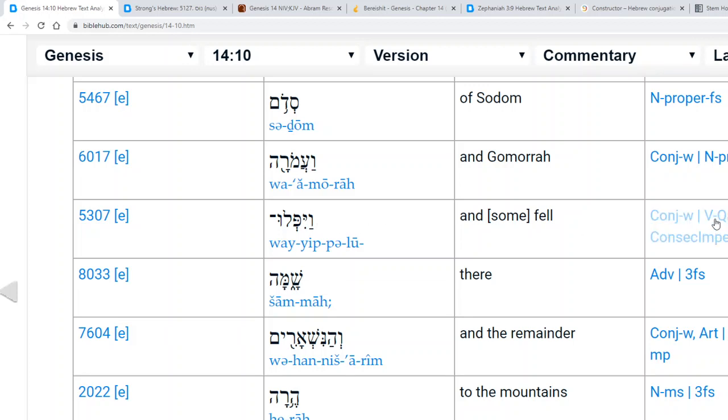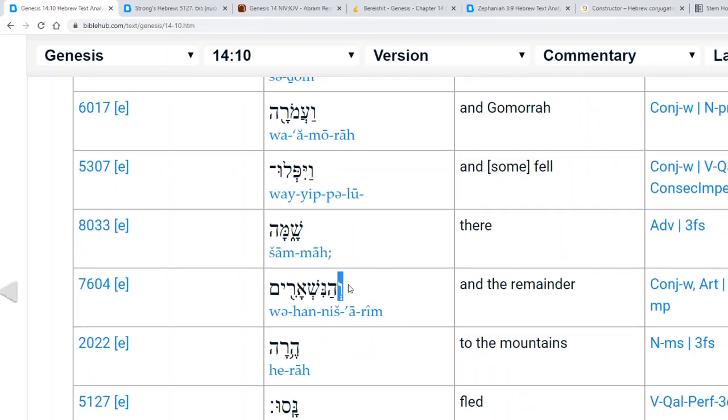Yeah, they're saying it's in the kal, which I would agree with. And they fell. Vayiplu shama. So sham means there. The hey at the end, it's saying third person feminine singular, but that's wrong morphology. This is the directional hey, right? Sham means there, shama means towards there. Ve'iplu shama, and they fell towards there, right?